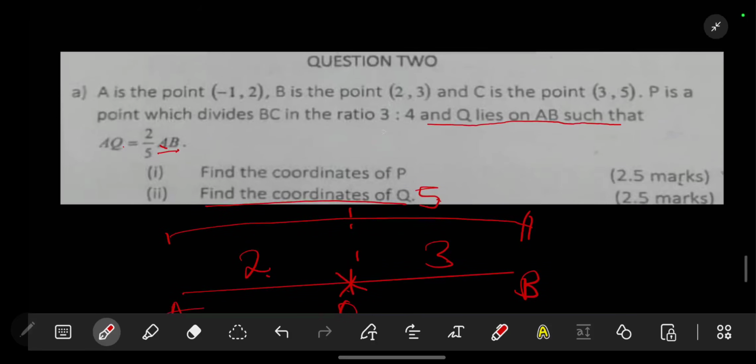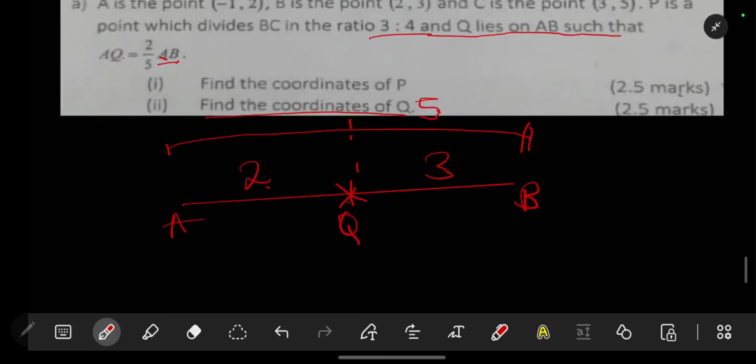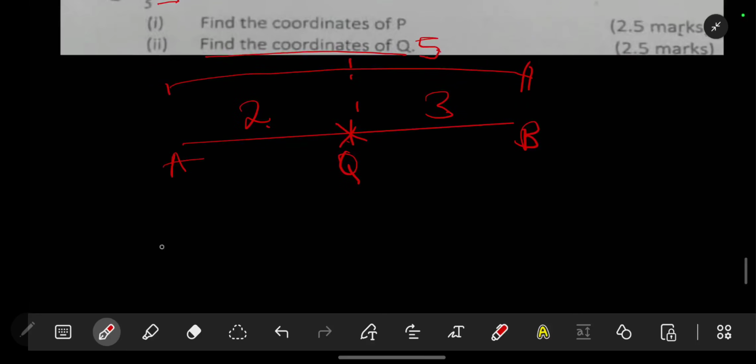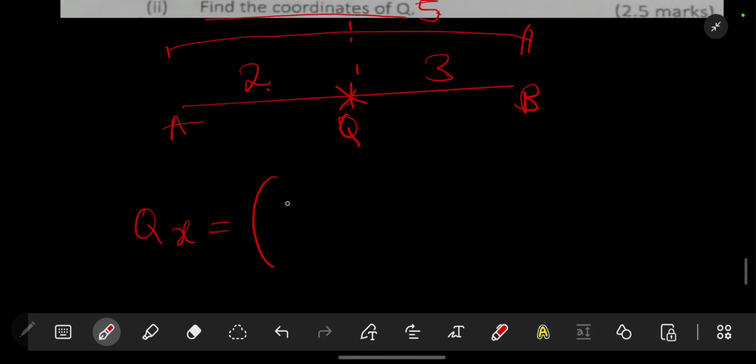Be careful. If you are given the ratio, you replace directly. But if you are given this, you have to think. So this is our value. So we are going to say QX is equivalent to, we are going to use the same formula since it's dividing the line like that. So we are going to have m x2 plus n x1 over m plus n.